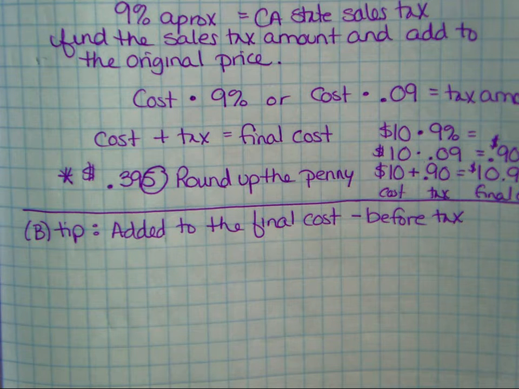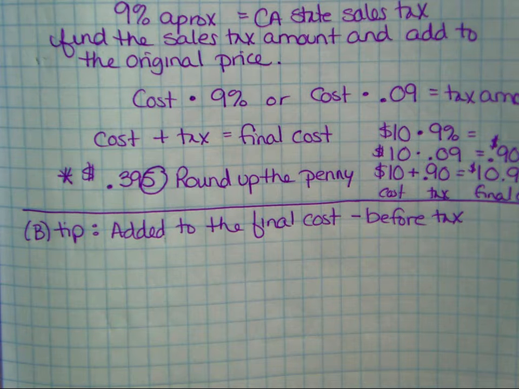Typically, for good service or for average service, you can pay anywhere regularly between 10 to 20% for tip. And usually it depends upon the level of service that you have. But 10 to 20% is average.